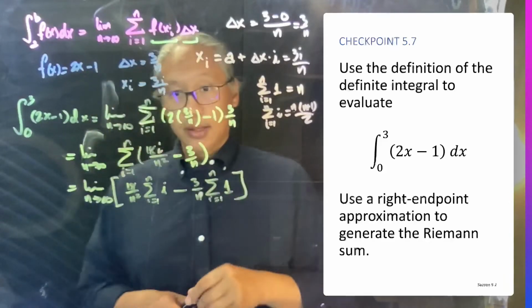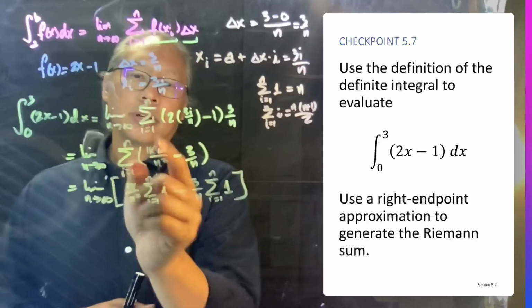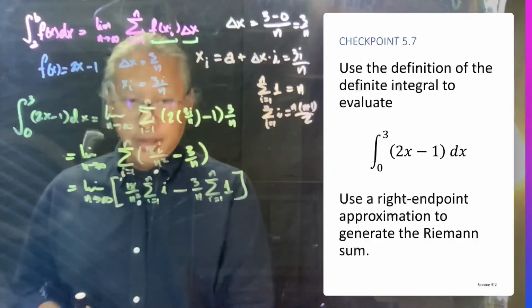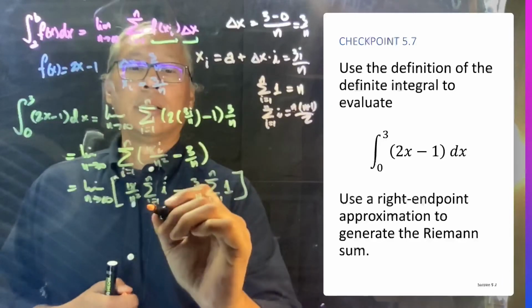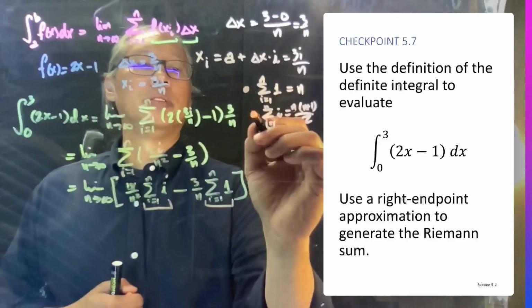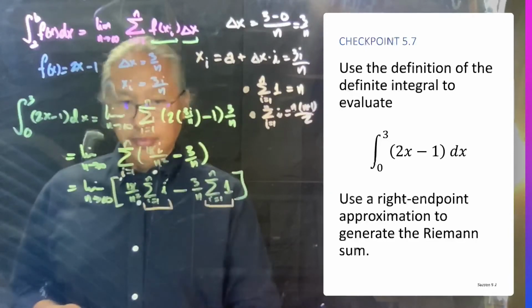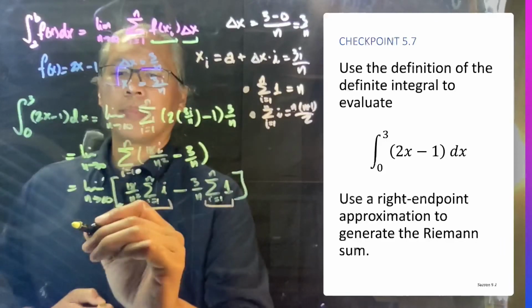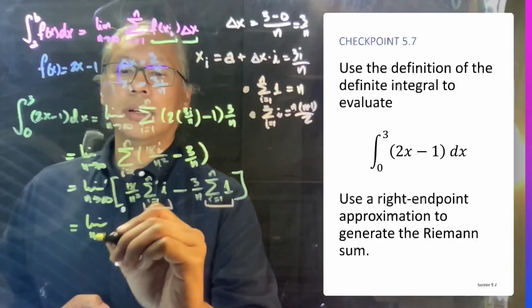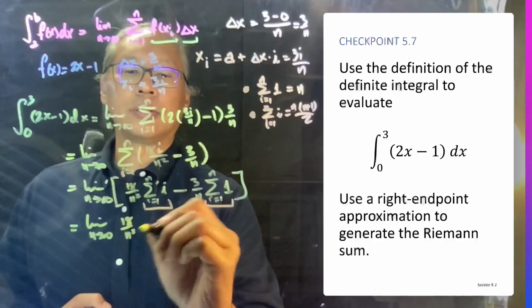Okay. So what we did here was we took the constants out so that we can just focus on a couple of formulas that we will be using to figure out these things in terms of n. Okay, here we have the limit as n goes to infinity of 18 over n squared.